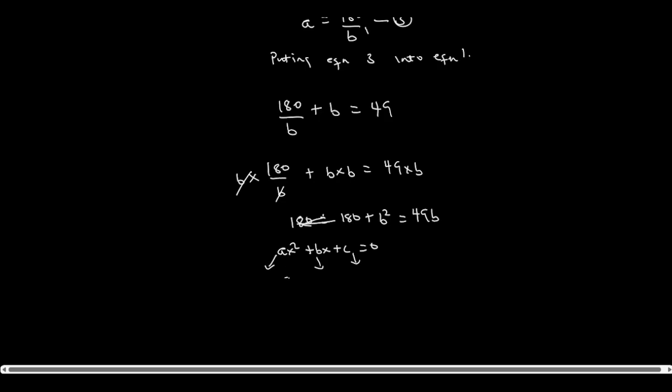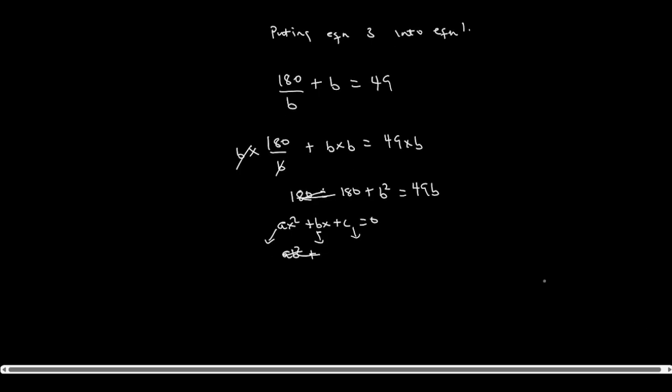So this is b squared. We bring it here, b squared, and then we bring this one to the other side of the equation. When it crosses, we get negative 49b, and then plus 180 is equal to 0.